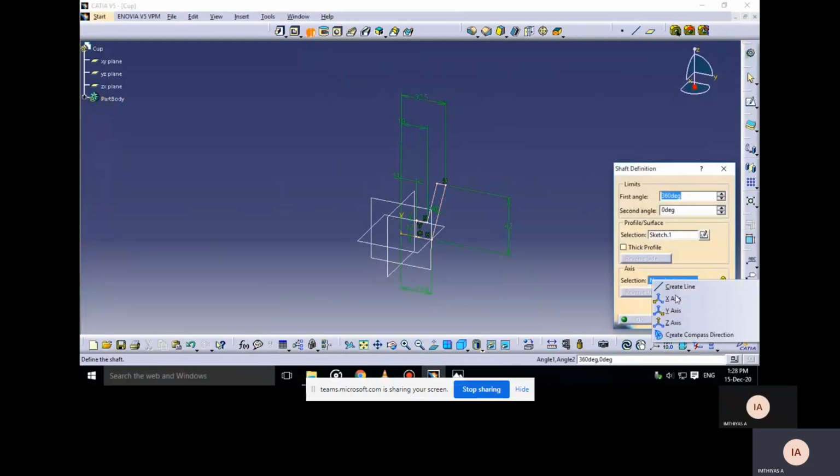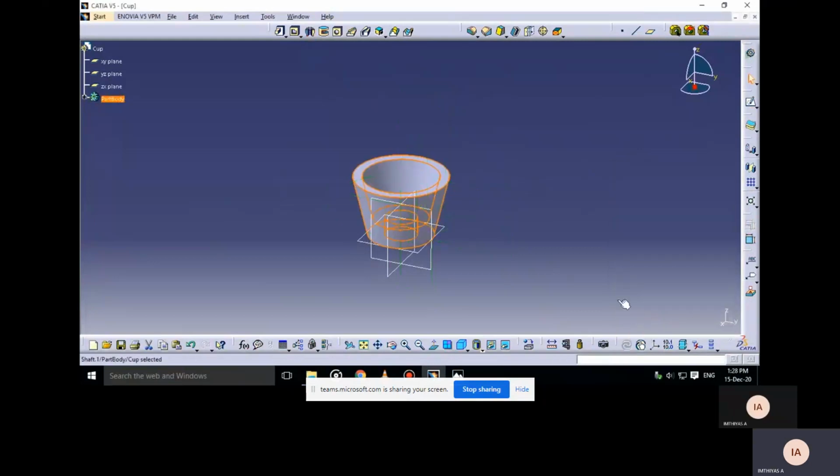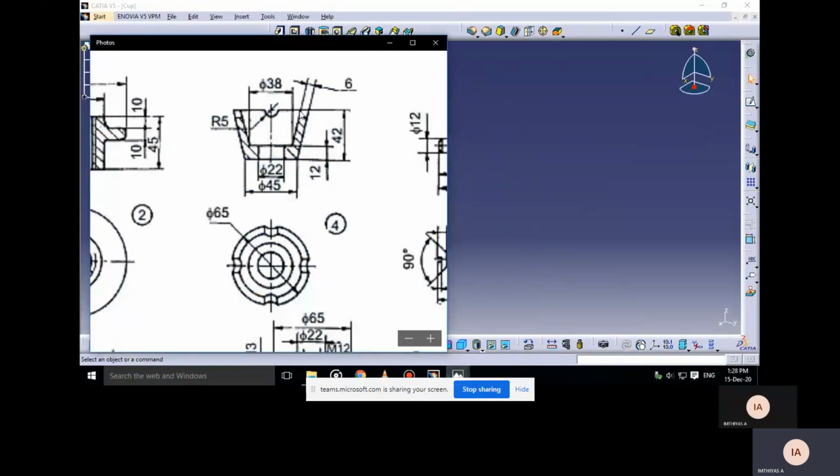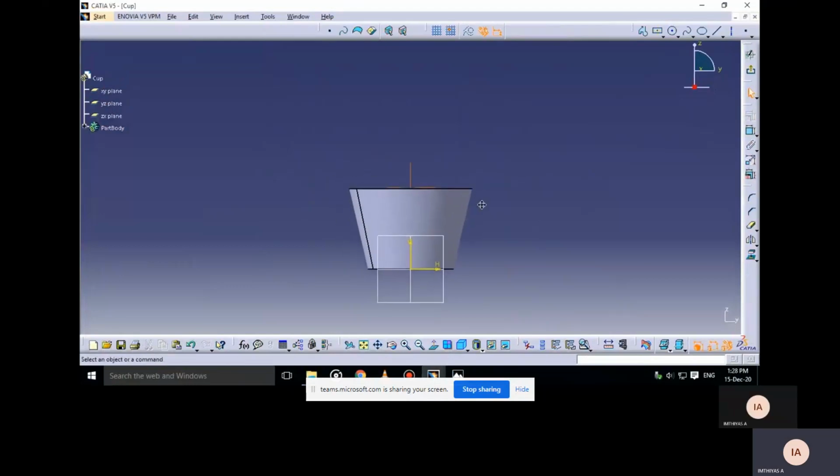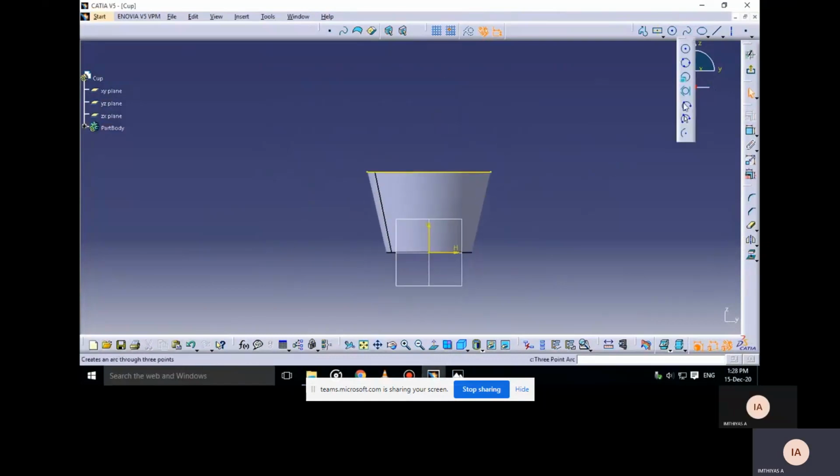Now using the shaft command, we have revolved it, and now we have to make a hole at the top, of radius 5.